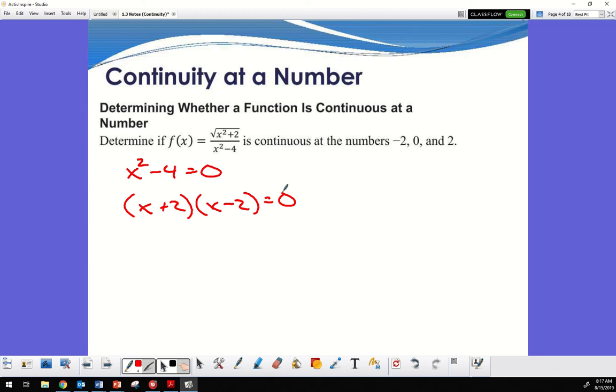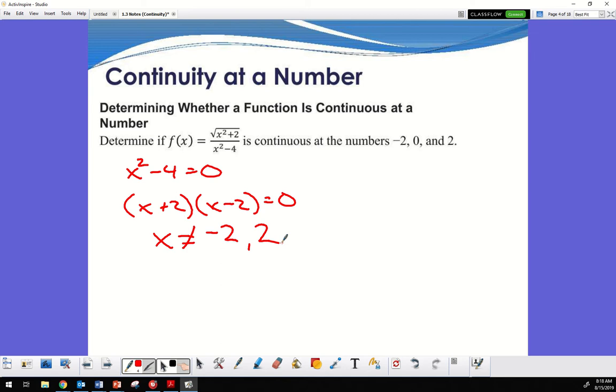Since this is a product, which is multiplication, anything times 0 is 0. So if either one of these is equal to 0, the whole thing is going to be equal to 0. So I know that I'm going to have restrictions at plus and minus 2. So x cannot equal -2 or 2. So it's not going to be continuous at those points.